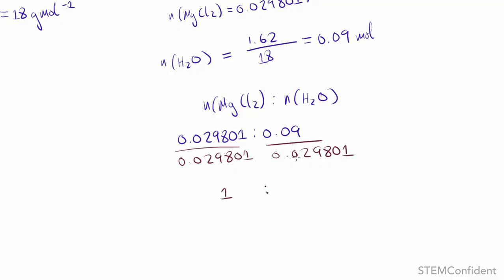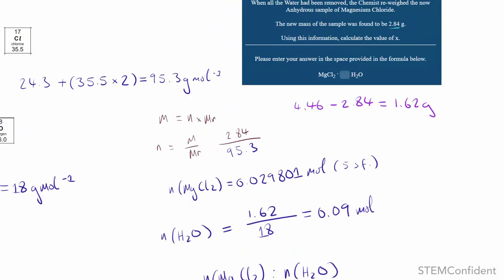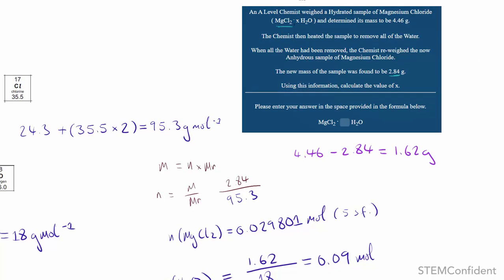Then if you have a go on your calculator, work out what the right hand side is going to be, you should find that you get 3.02 and then 00. I mean, there would be a 3 here, but I'm just rounding it to 5 significant figures. Now, the coefficient, as we know, for the H2O is going to need to be an integer value.